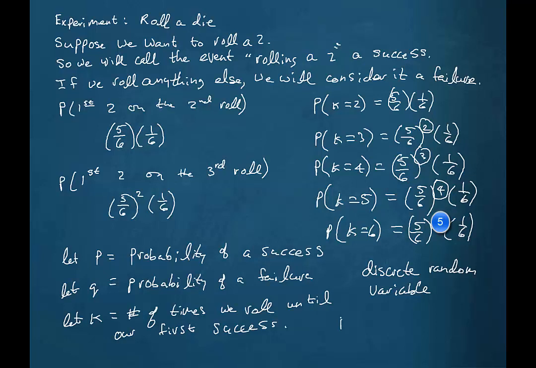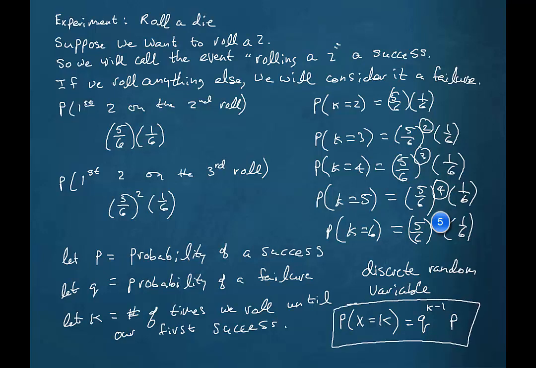And the formula would look like this. The probability that X would equal some K value, any one of these K values that we have here, is going to be Q, which is the probability of a failure, raised to the K minus 1 times P, the probability of a success.